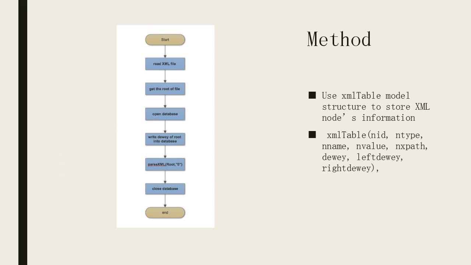Finally, we write this part into the database after encoding it using Dewey. In this part, the most important one is parse CHAML, which analyzes all the nodes and encodes them in Dewey. So we will talk about it later.